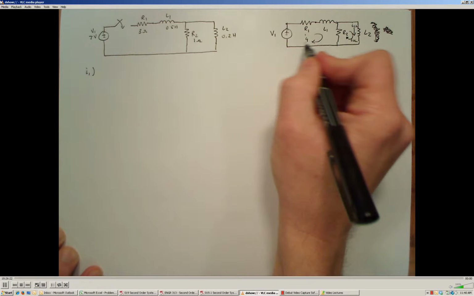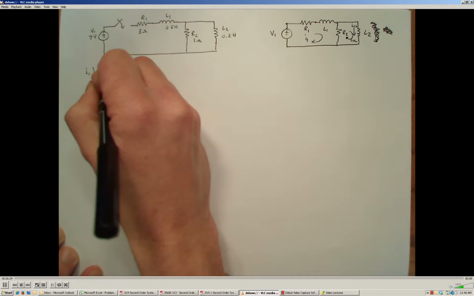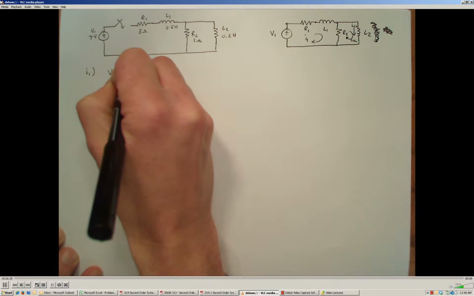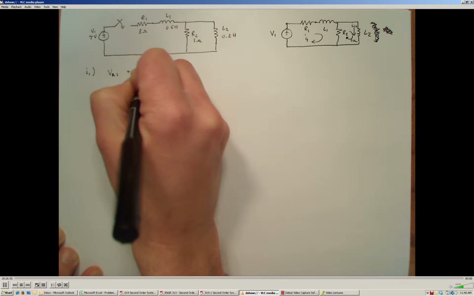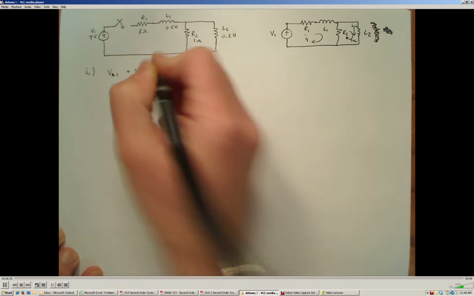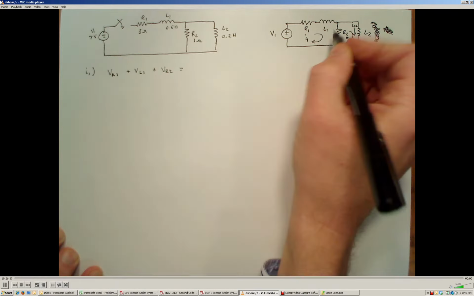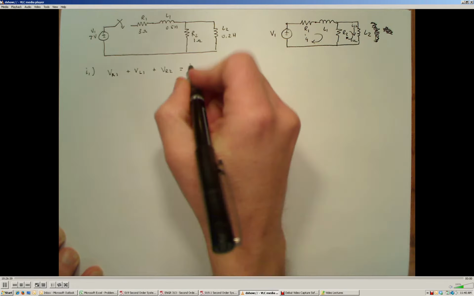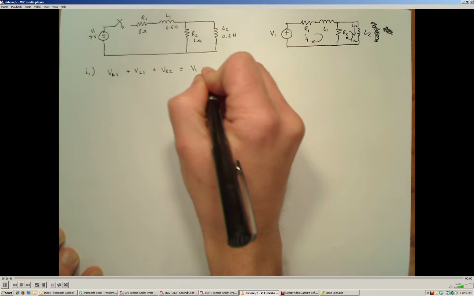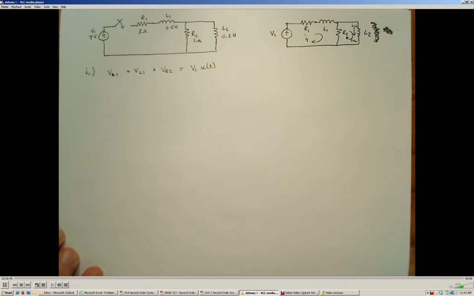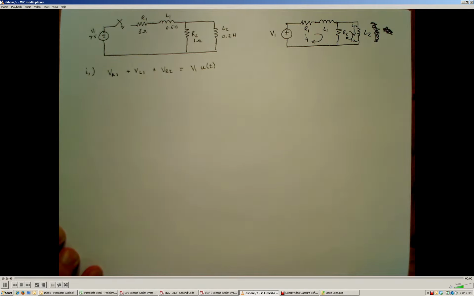So around this loop, we know that the potential dropped across resistor R1 plus the potential across inductor 1 plus the potential across resistor 2 must be equal to the potential that's applied by the supply V1. And again, we're going to make sure that it's clear that this is a unit step function because it occurs right after time is equal to 0.